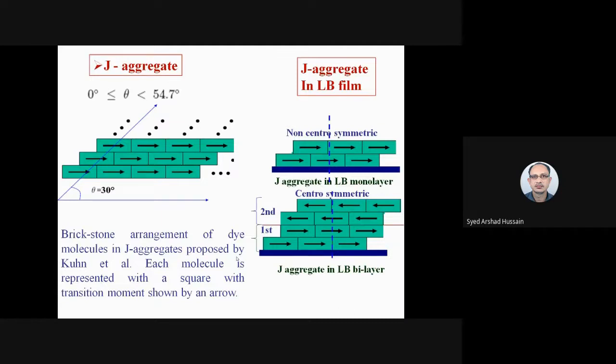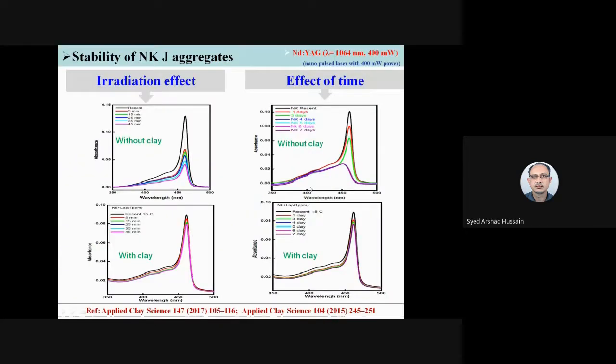Then we can have second harmonic generation. You can see here an arrangement. This is a symmetric molecule, but the structure is non-centrosymmetric because this is J aggregation, a head-to-tail arrangement in the LB single layer.